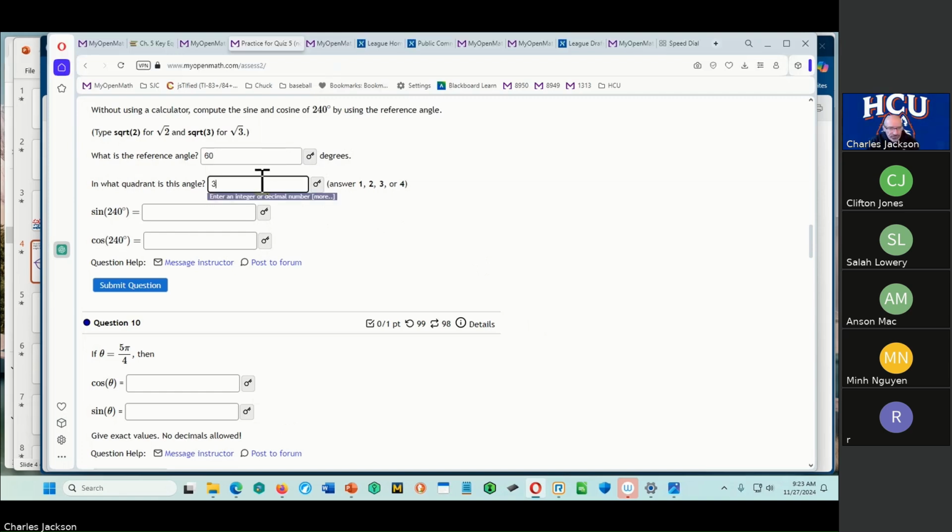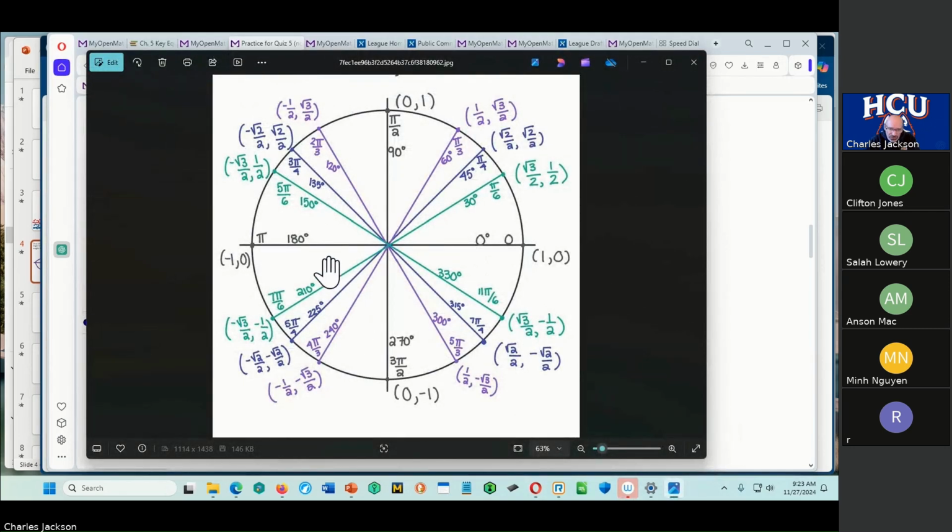The sine of 240: sine is the distance above the x-axis, which at 240 is negative square root of 3 over 2.